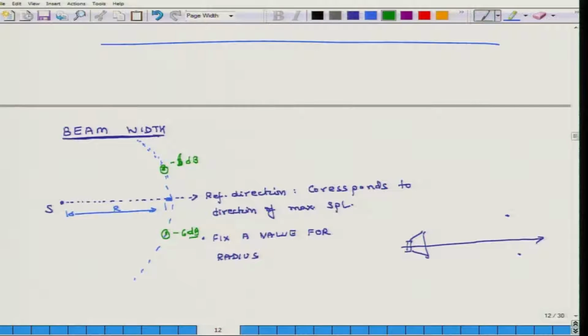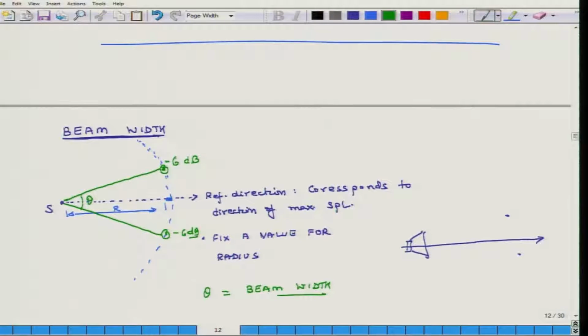Then I create a geometry. The locations where the sound pressure level falls by 6 decibels are identified, this angle is measured, and this angle is known as beam width.